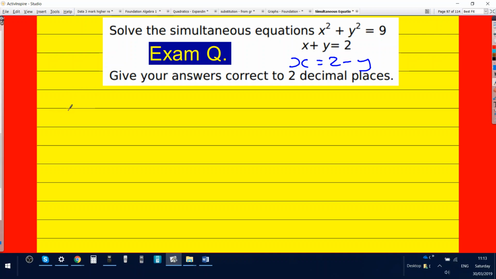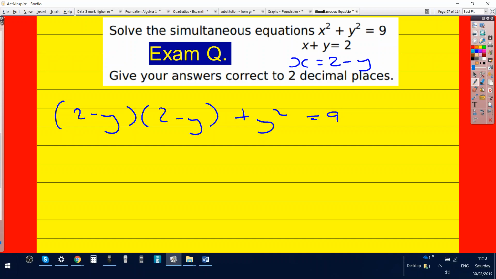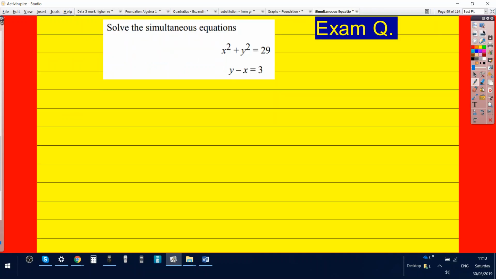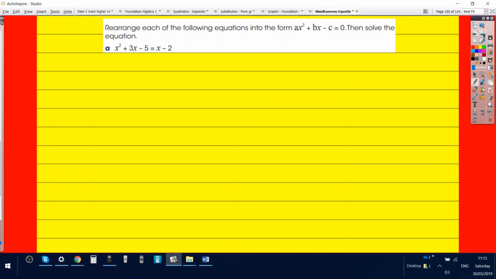Then you would sub it into the first formula, so you get 2 minus y plus y squared equals 9. Oh, sorry, because it was x, wasn't it? Yeah. And then you'd go from there, and you're gonna be fine for the rest of that. Sorry, it was x equals 2 minus y. 2 minus y plus y squared equals 9. Yeah, so if it's not the subject, make it the subject. Yeah. That was alright.